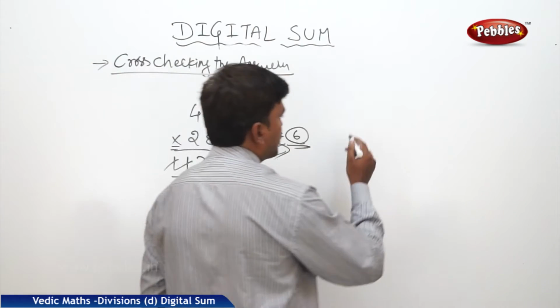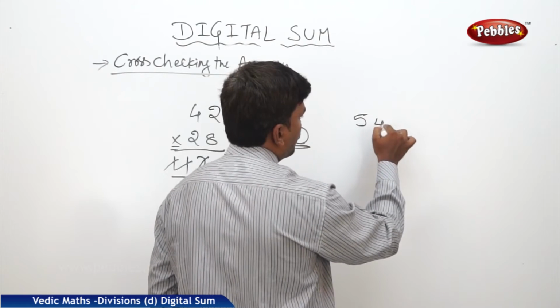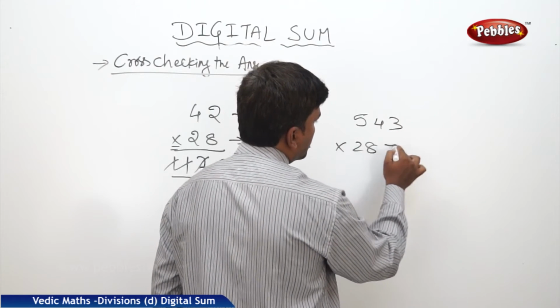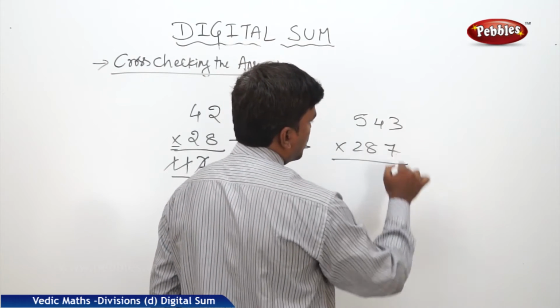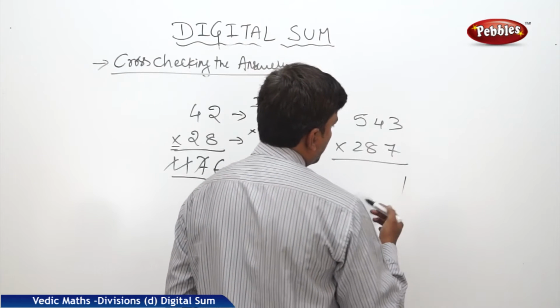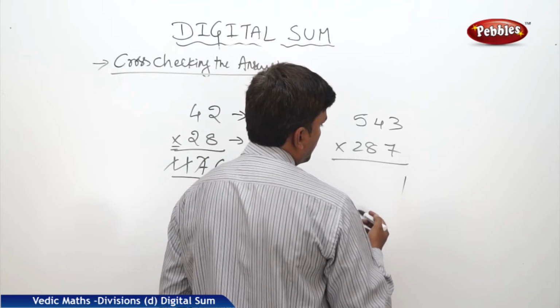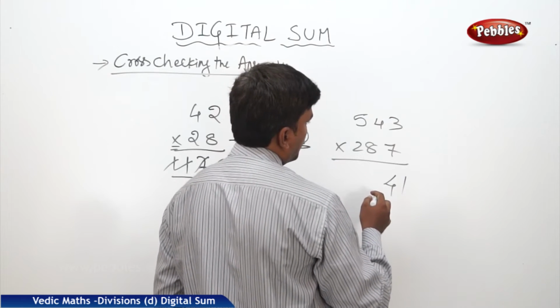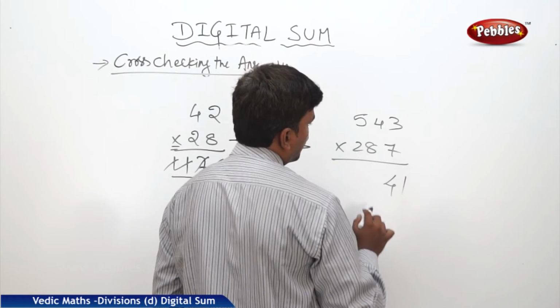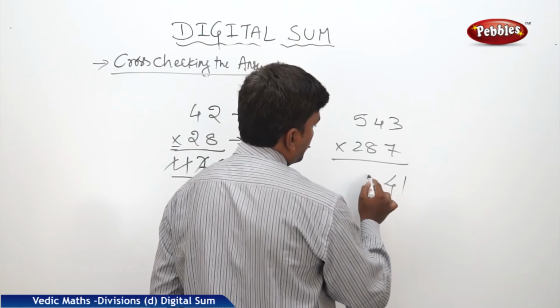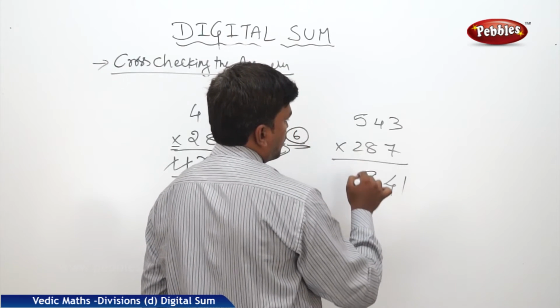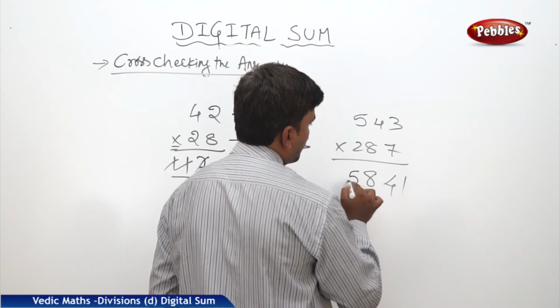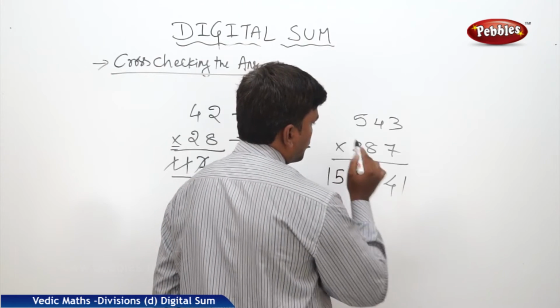Let us take an example. 543 into 287. I want to multiply this one. Right.